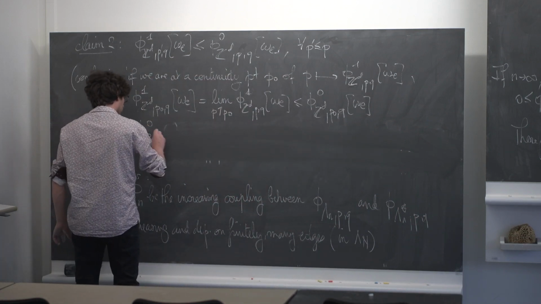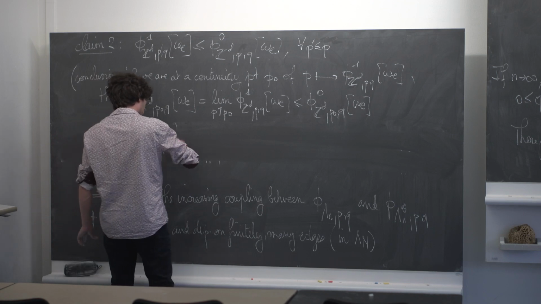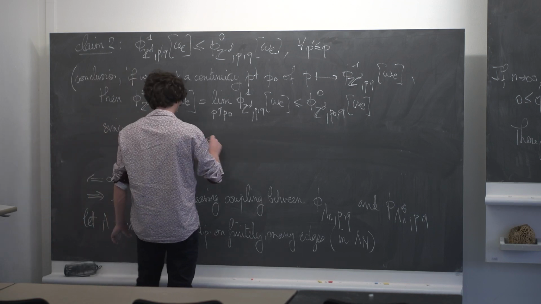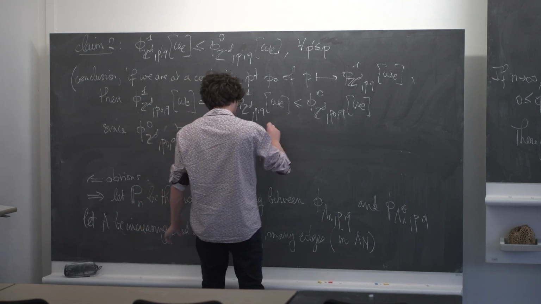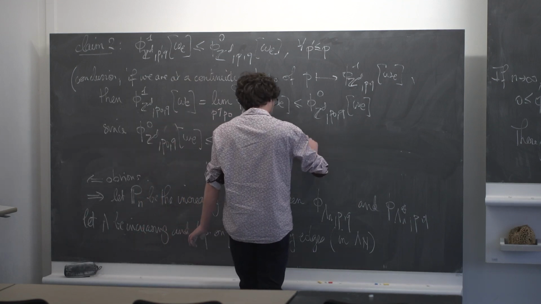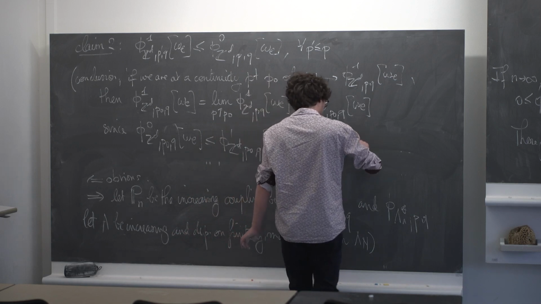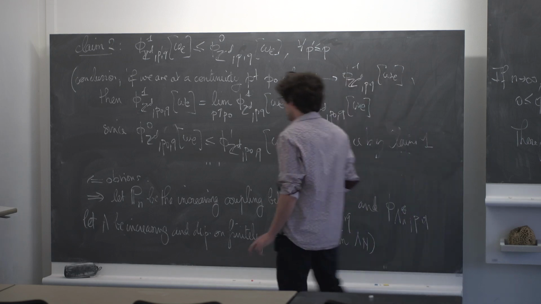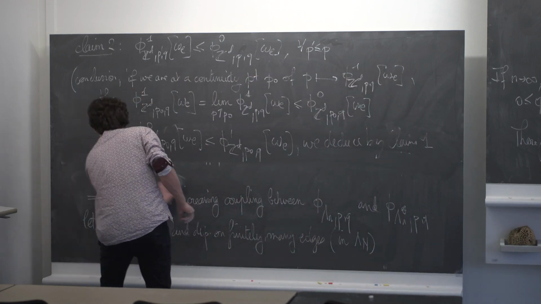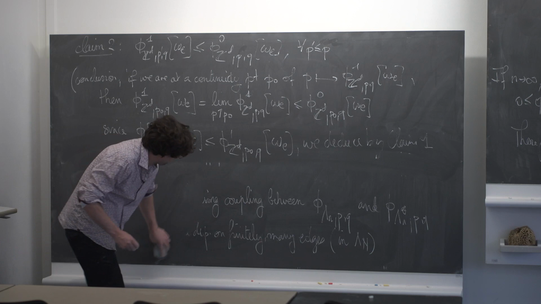Since phi 0 ZdP0Q of omega E is also smaller than phi 1 ZdP0Q of omega E, we deduce by claim 1 that the two measures are equal.